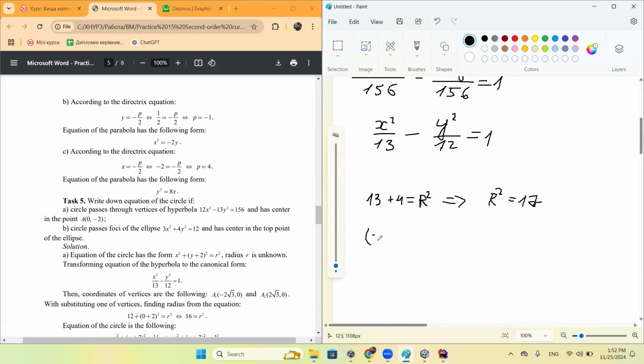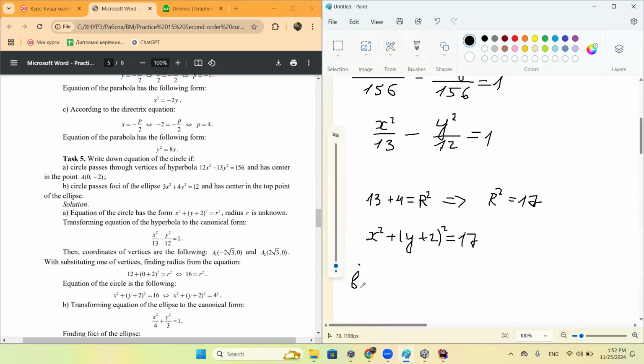So finally, the equation of the circle. Yeah, here was a mistake, so it will be equal 17. So the equation of the circle is the following: x in power of 2 plus y plus 2 in power of 2 equals 17. So that's it.